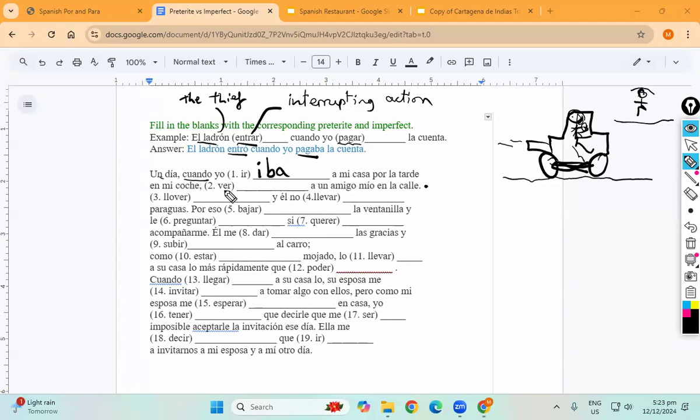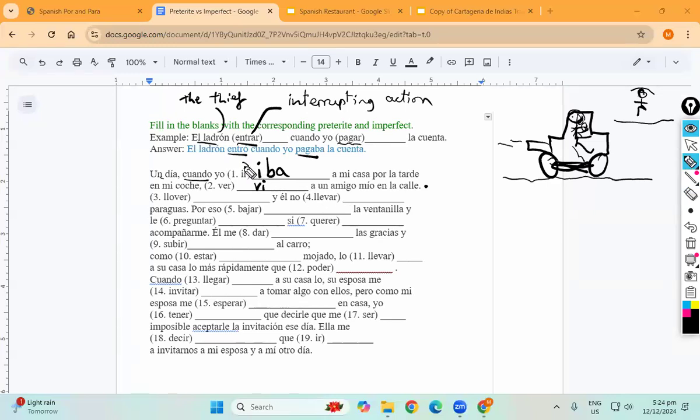Then there, I saw, so vi, right? No, I don't think we did irregular preterites because there were quite a few of them. But the preterite for ver would be vi, right? All right, so one thing that could get in the way of you being able to do this exercise is the vocabulary. So we have to work really hard.